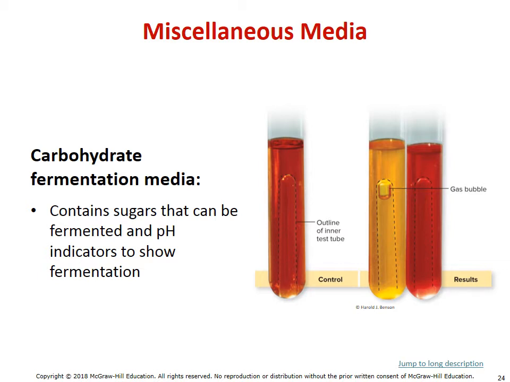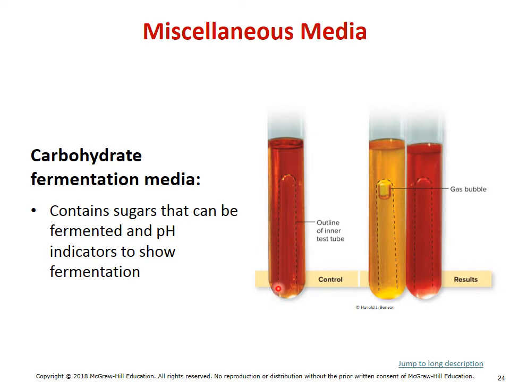So in the fermentation tubes, we're really looking for fermentation that results in the formation of acid. So we're going to break down a sugar and turn it into an acid. So naturally, this is going to be an example of a differential media. This bacteria is clearly different than this one because this guy could ferment the sugar to make the acid.